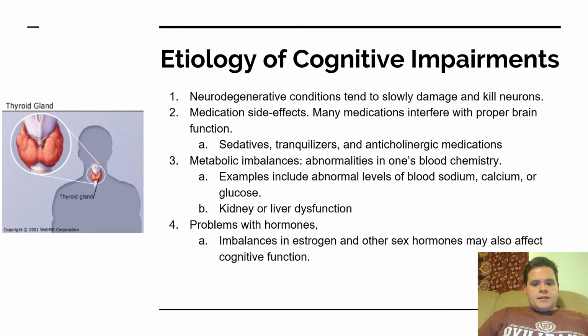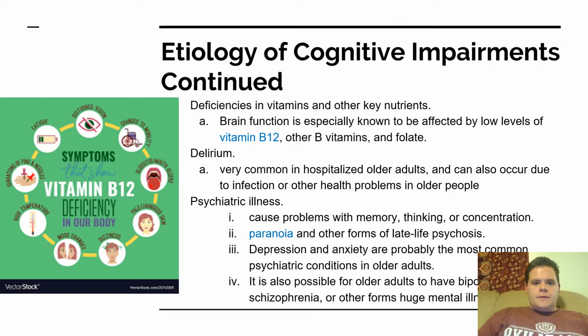Hormone imbalances can be one contributing cause to a cognitive impairment. Deficiencies in vitamins and other key nutrients can also affect brain development, which causes cognitive impairments.